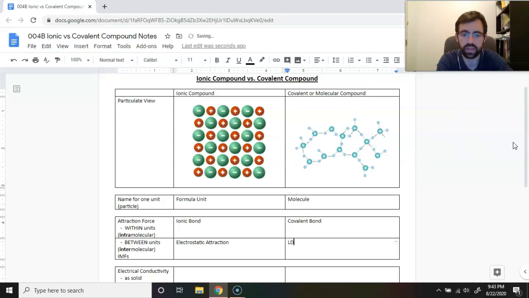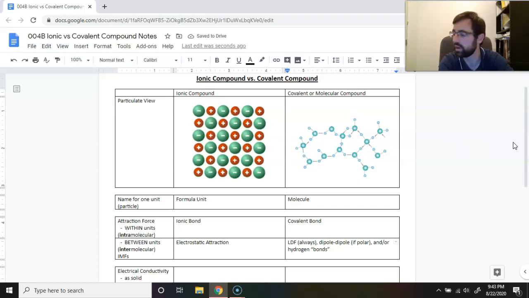We always have something called LDF. That's always. Now, sometimes we'll have something called dipole interactions, and that is only if it's polar. And we can also have a third type that's called hydrogen bonds. I'm going to put bond in quotes because it's not really a bond. It's not a literal bond. This is an intermolecular force between molecules.